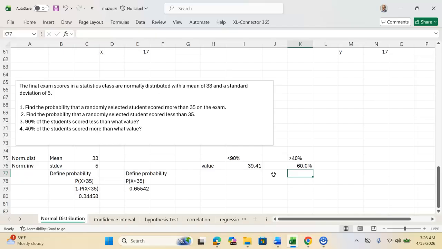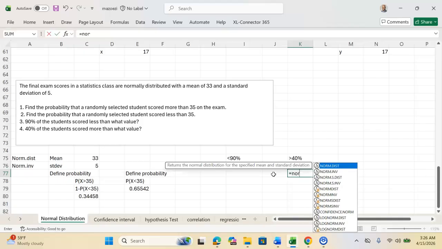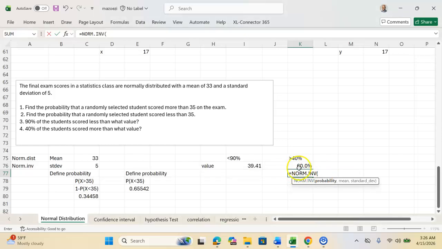Now we can apply the function, which is norm.inv. We click on 60% because that's the probability, and then the average is 33, the standard deviation is 5. Then we close the bracket and enter. So the value will be 34.27.